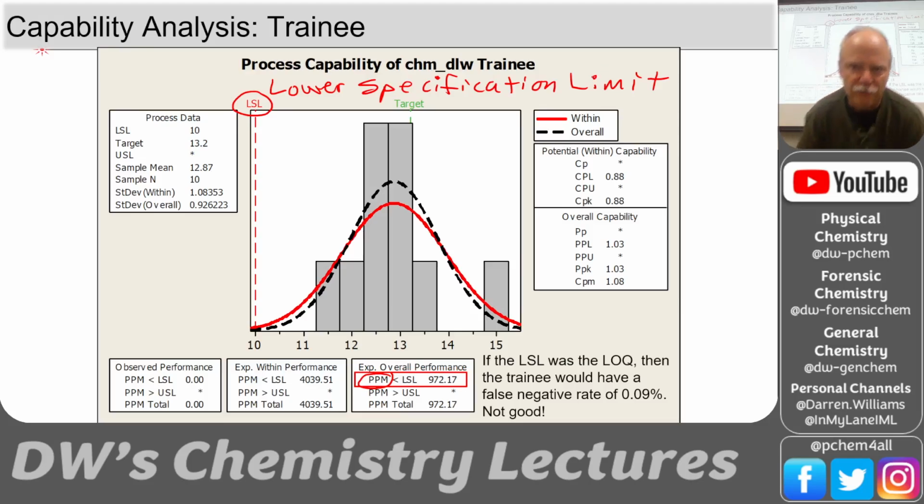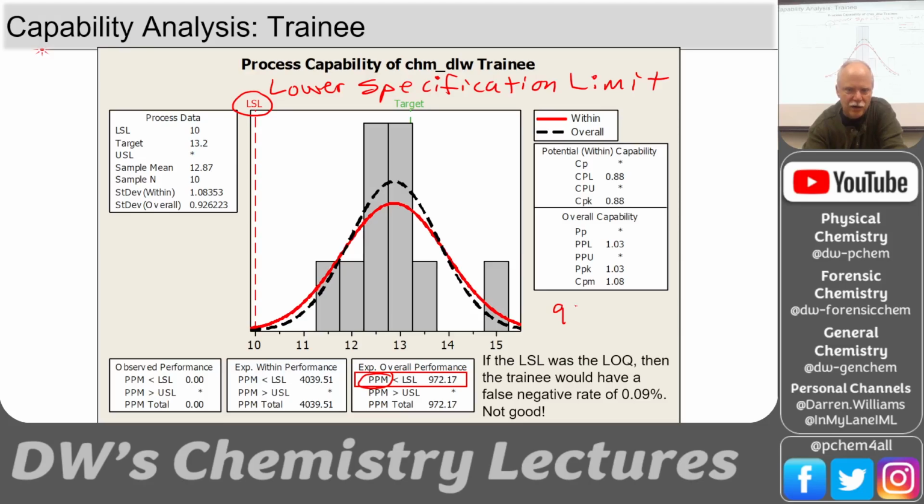And again, in our fictitious scenario, if it was below that, there wouldn't be a criminal charge, or it'd be a lesser charge. But above that, then it would be a charge. And so this is some specification that we have in our analysis. And this is saying that the trainee with their standard deviation would come in at 972 parts per million.